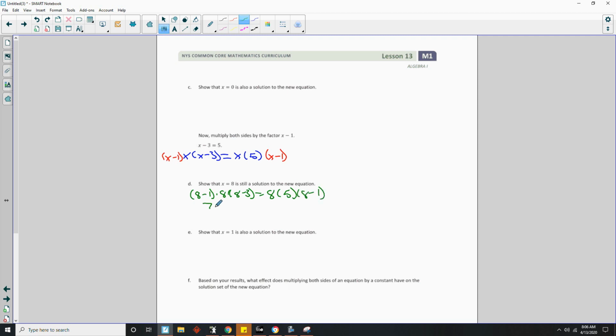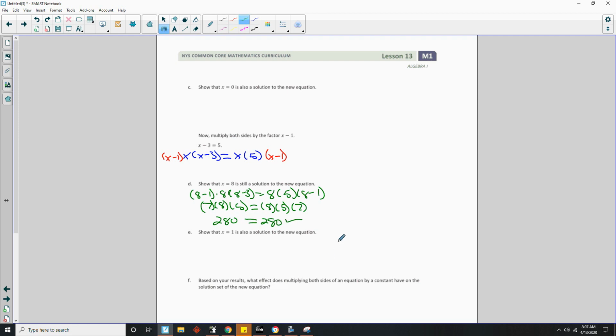Well, 8 minus 1 is 7, times 8, times 8 minus 3 is 5. So as you can see, I have all three numbers the same on both sides, so that would definitely be true. And 5 times 8 is 40, and 7 times 40 is 280, so that'd be 280 equals 280.